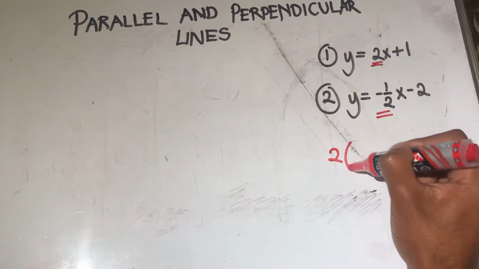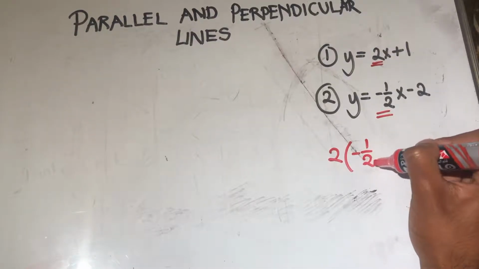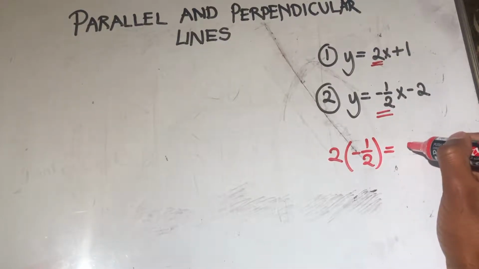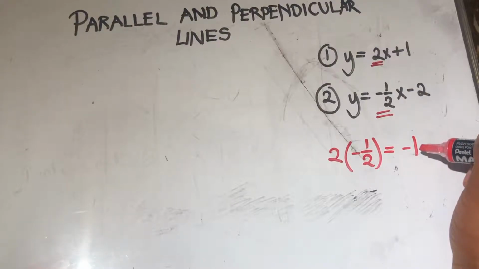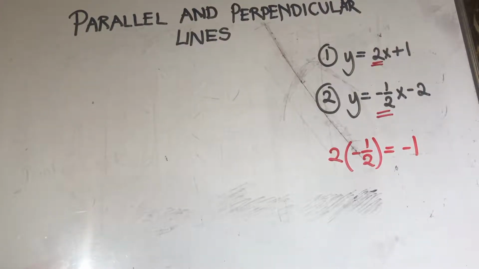If you go ahead and multiply those, you'll notice that the product here is -1. If the product of their slopes is any number but -1, then you can confidently say that the lines are not perpendicular to each other.